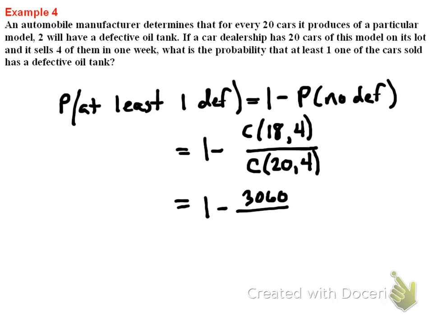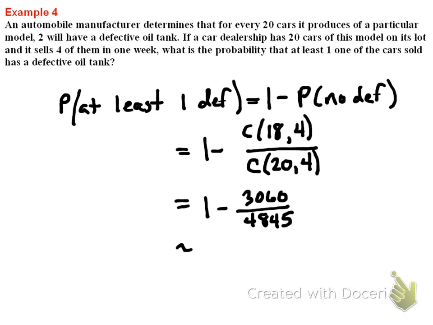Okay, so doing the number crunching here, that gives me 1 minus 3,060 out of 4,845 using the combinations formula we used in the previous problems. And so percentage-wise, instead of a fraction, we're going to use a decimal and then turn that into a percentage.